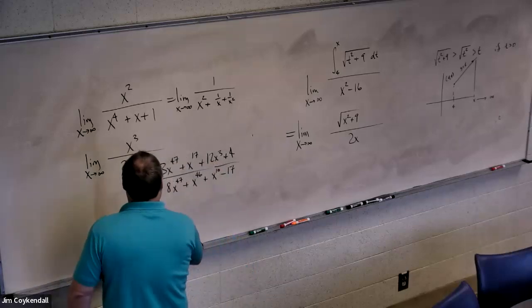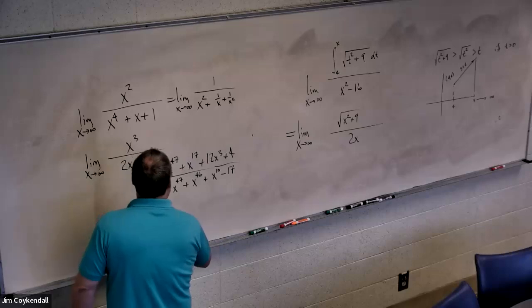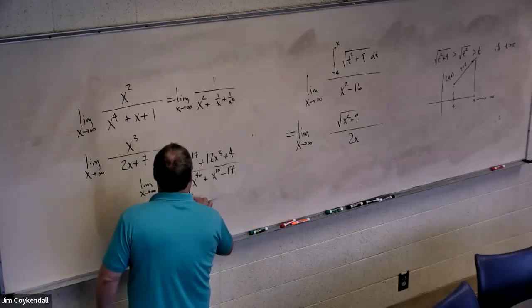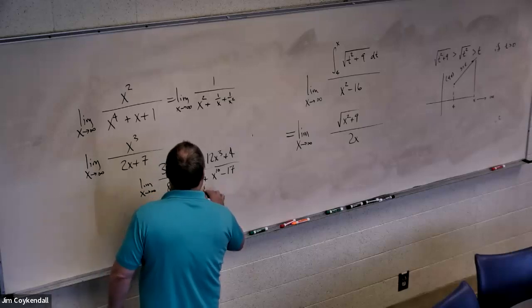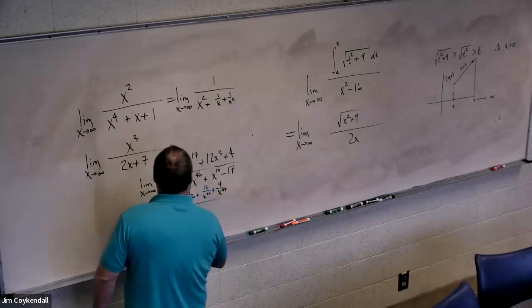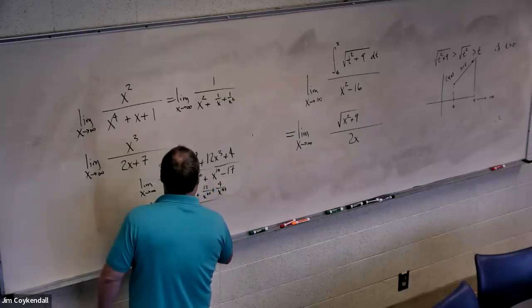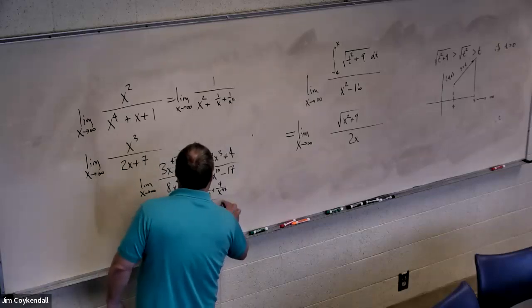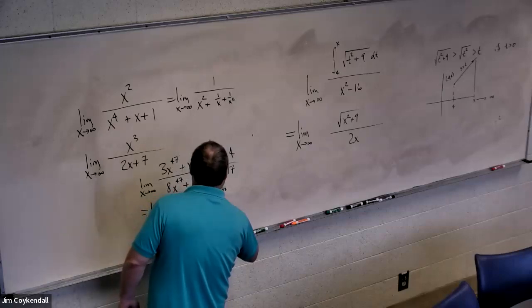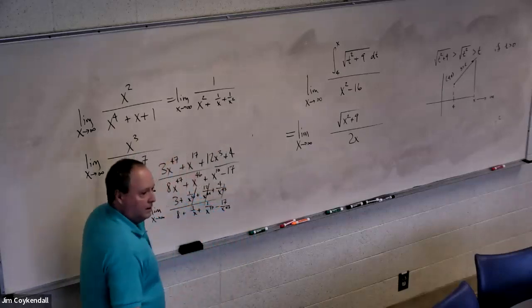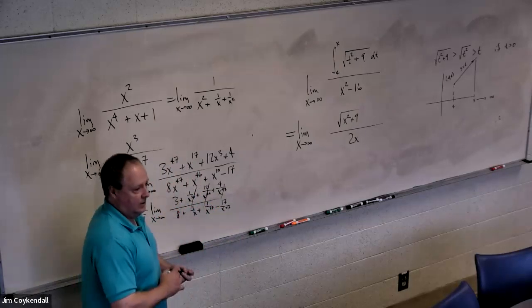So the easier way is just to divide by the dominant power. And all this stuff here goes to 0. You're left with your 3x, right?